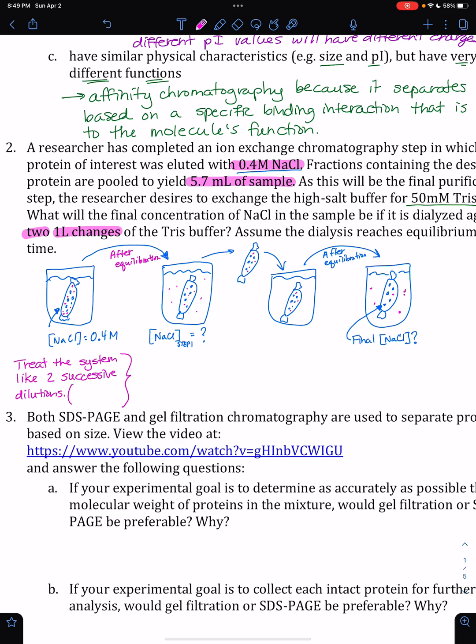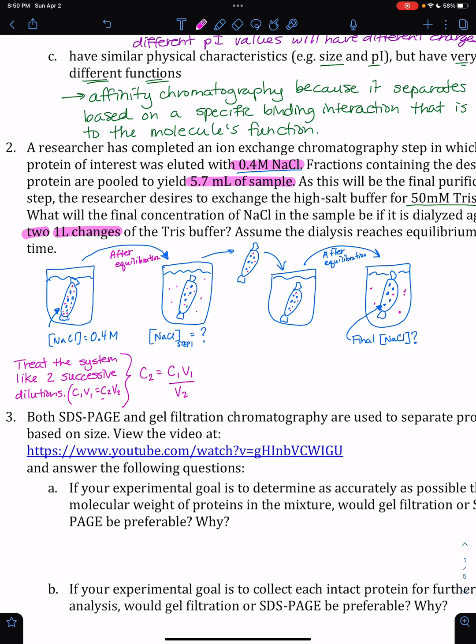So remember, our dilutions are C1 V1 equals C2 V2, and what we want to know is our C2. So C2 is going to be equal to C1 V1 over V2. So the question is, what's our C1 and what's our V1 and what's our V2.